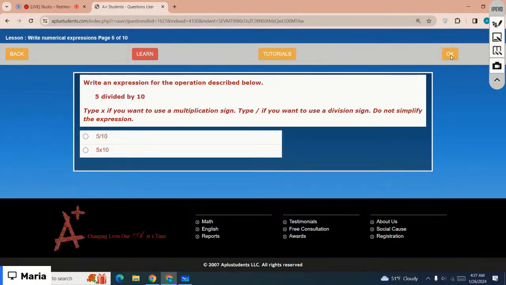Which is the correct option? Yes, that is option number 1.